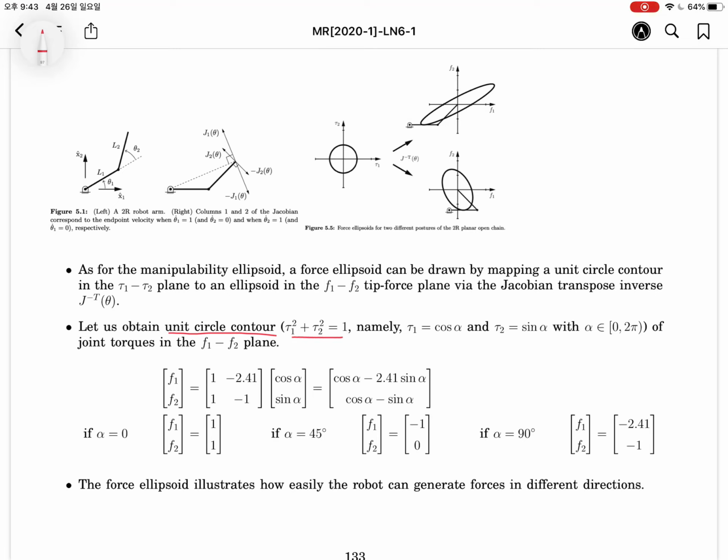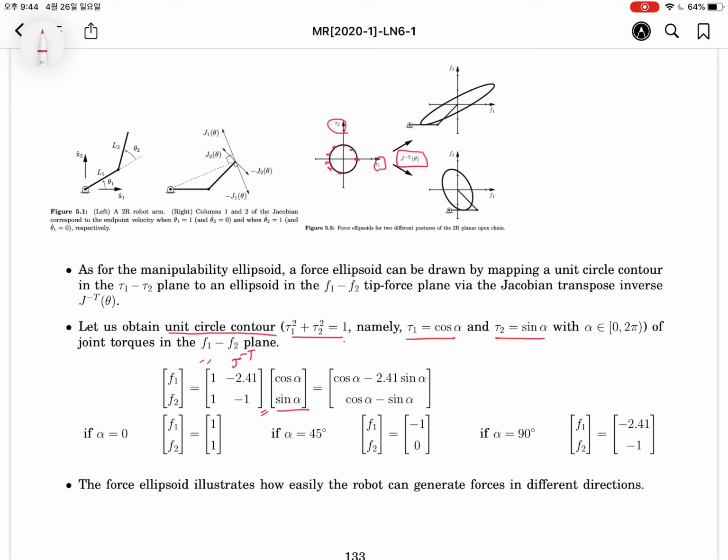The torque is located on the boundary of the unit circle, tau 1 and tau 2, and then we apply these points to obtain the force ellipsoid using the Jacobian inverse transpose mapping. As mentioned before, tau 1 will be replaced as cosine phi and sine phi. As you know, this is the Jacobian inverse transpose.